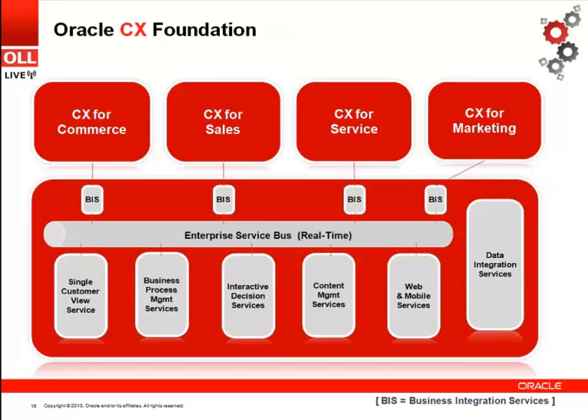Typically, if you take the legacy applications, each of these applications will have their own workflows. So a workflow will start in commerce, and then some of it will run in the sales application, and then in the order fulfillment, and then in the provisioning, and then in the billing.